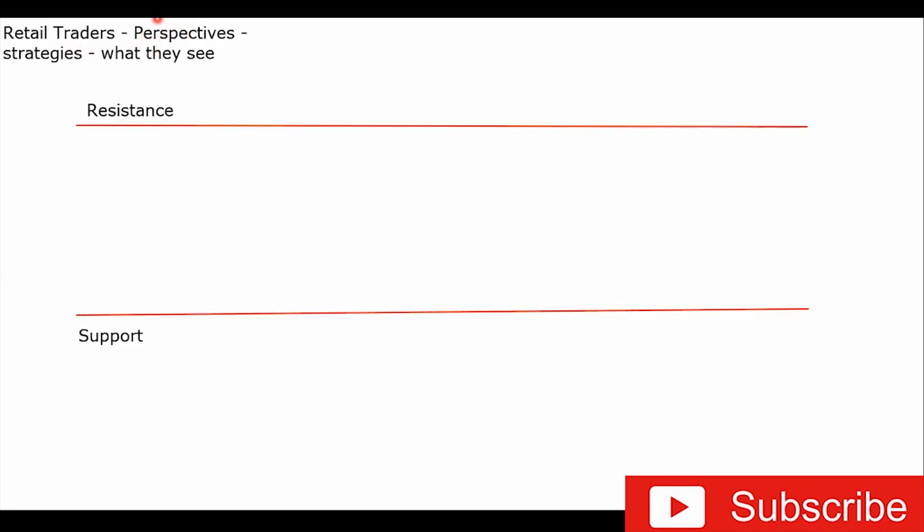Be very careful, I'm going to be very careful with my words. The perspective of retail traders is that price falls at a resistance and goes up at a support. So really what you want to see and trade is a range from this retail trader perspective: buy at a support and sell at a resistance, and buy at a support and sell at a resistance.